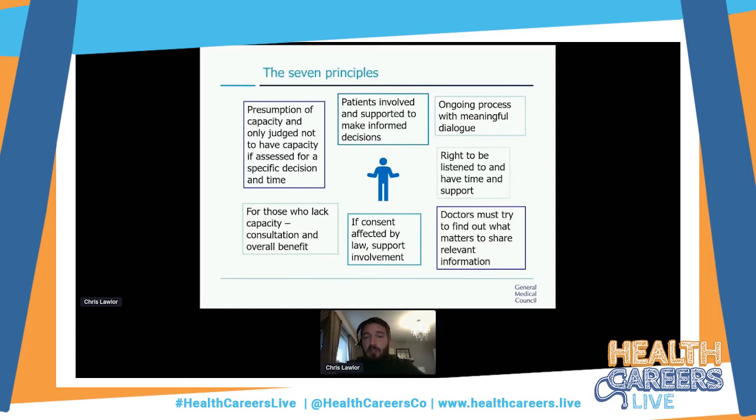You can look at the data around that, and we are constantly reviewing that data and looking at our processes to try and understand why certain doctors are more likely to be referred to the GMC and investigated by the GMC.